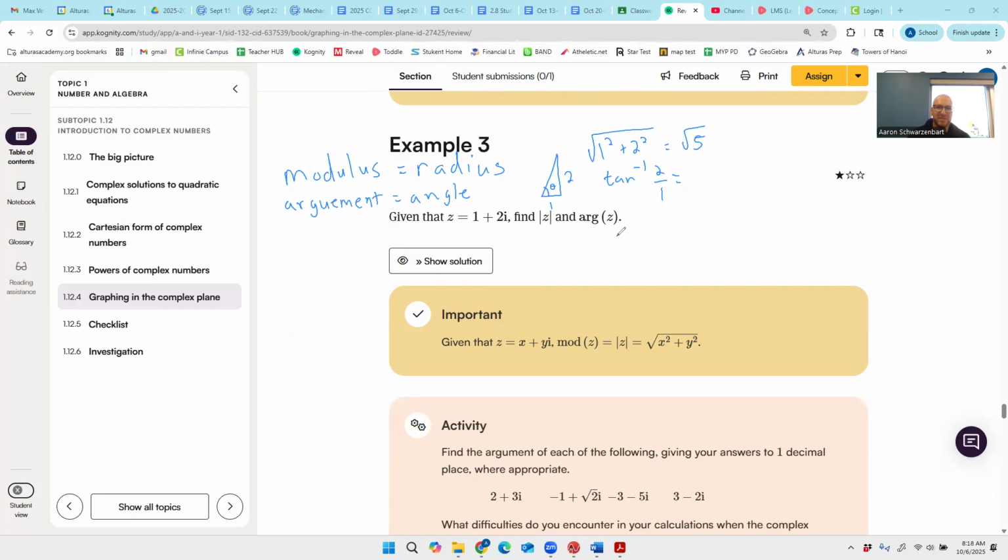The radius is simply the hypotenuse. If we put Z with the absolute value, it's like magnitude. That means modulus, which is radius, yes.